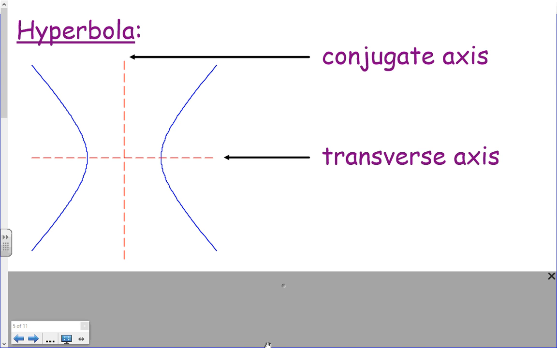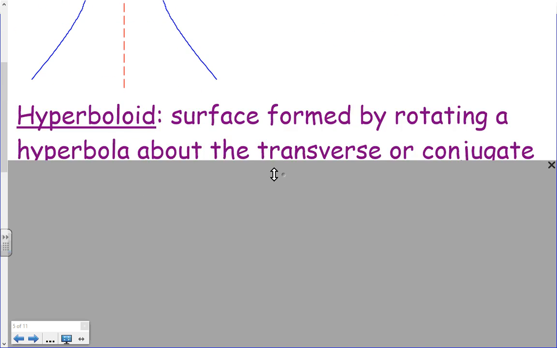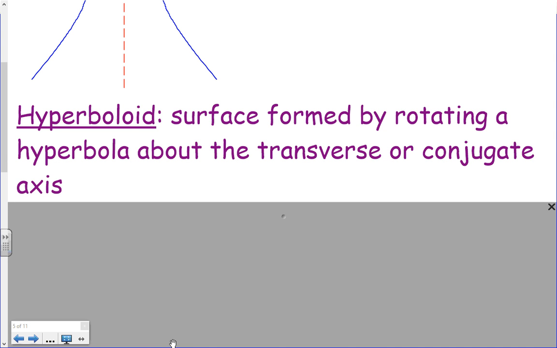So we have 2 lines of symmetry here. Again, when we have 2 lines of symmetry, just like we saw with the ellipse, that means when we sketch this, there's 2 possible sketches we could have. So when we rotate around the transverse or the conjugate axis, we end up with a surface, a quadric surface.